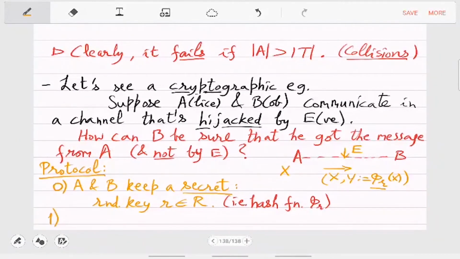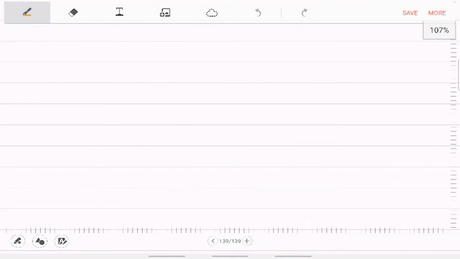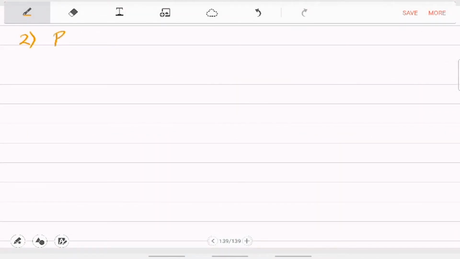Now, using this hash function, A sends message x with signature y, which is phi r x. And finally, Bob will check.